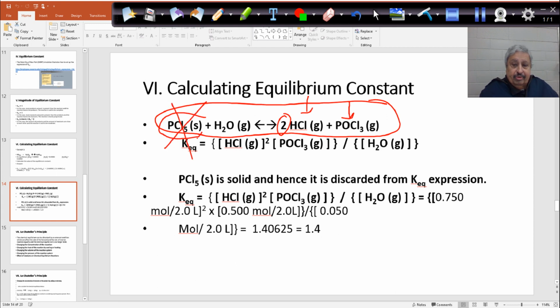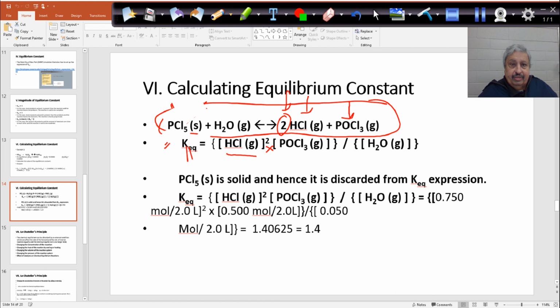So the K equilibrium will be HCl squared, because of the 2 here, multiplied by the POCl3 concentration, divided by H2O gas. How about this PCl5? PCl5 is a solid, so we do not consider this one. This one is out of consideration.